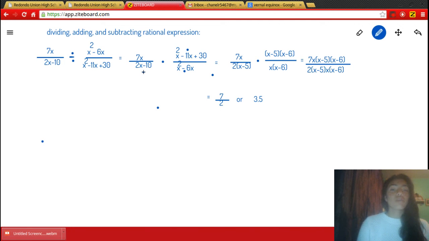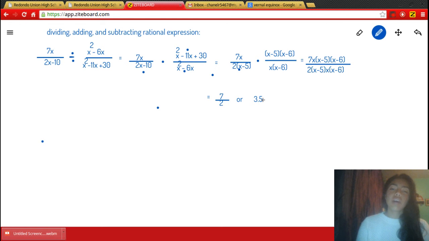And the same thing goes for this one. Here you could take out an x, and here you could take out a 2. When you complete the square here, you end up with x minus 5 and x minus 6. When you take out a 2, you get 2, and you combine the 2's together to be 1.